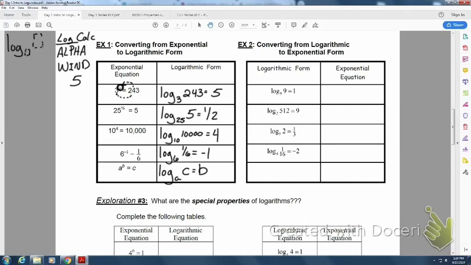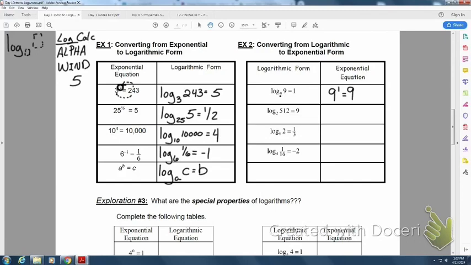So now going from log to exponential, it's the same idea. Cambridge, if I wanted to change this log statement to an exponential one, what would that be? So always start at the base. Okay, so 9 to the power of 1 equals 9. Right?